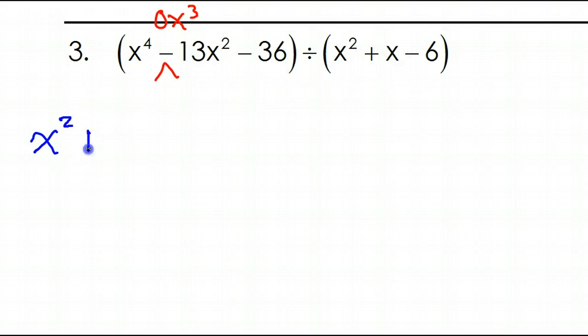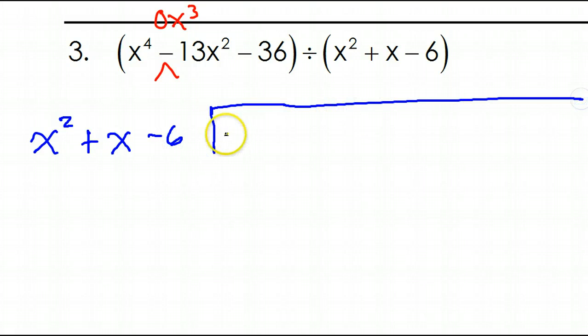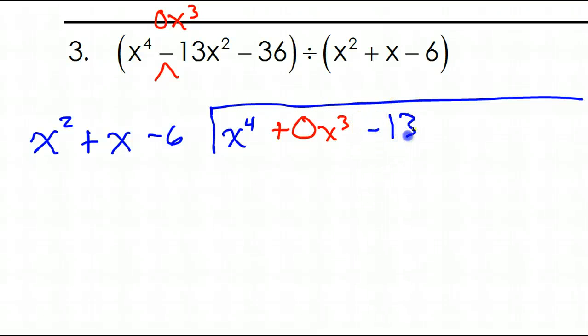So I've got x squared plus x minus 6, and that will divide into x to the fourth power plus 0x to the third power, got to hold the place, minus 13x squared minus 36.